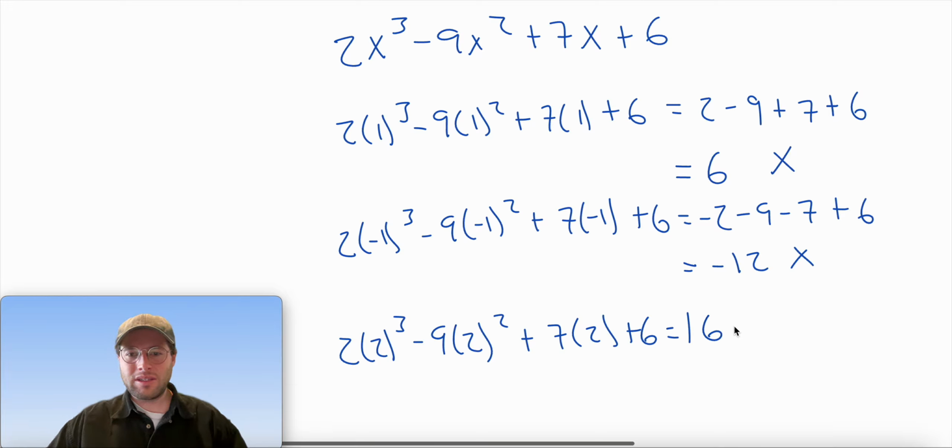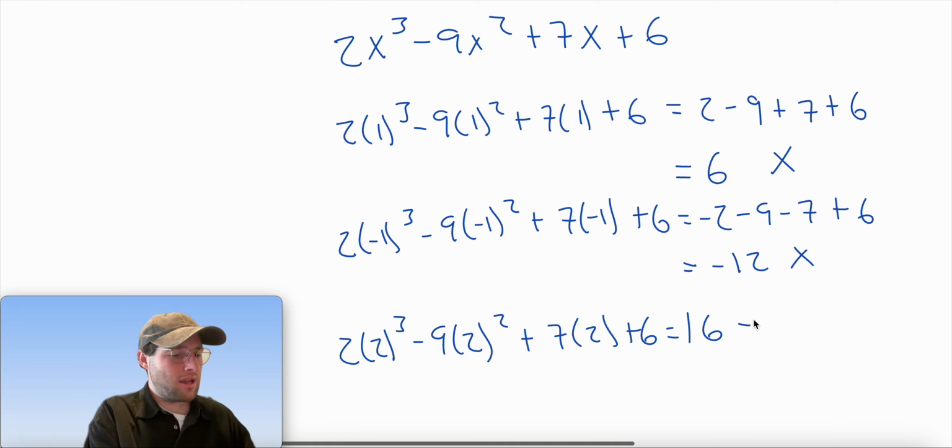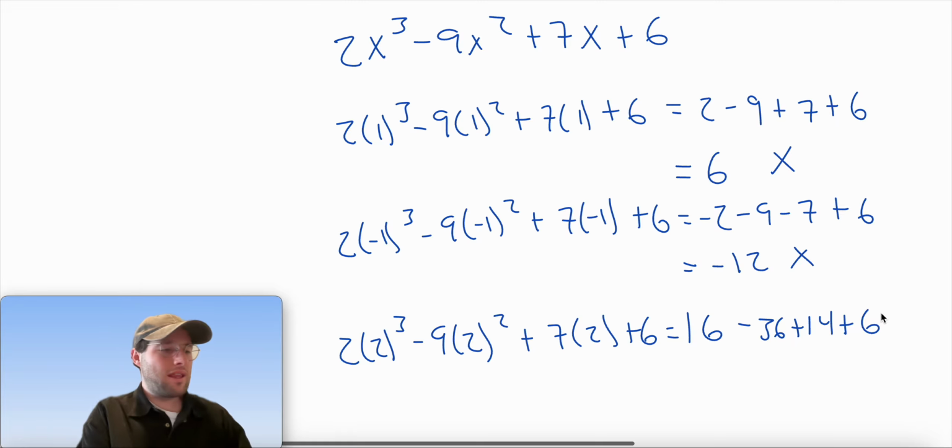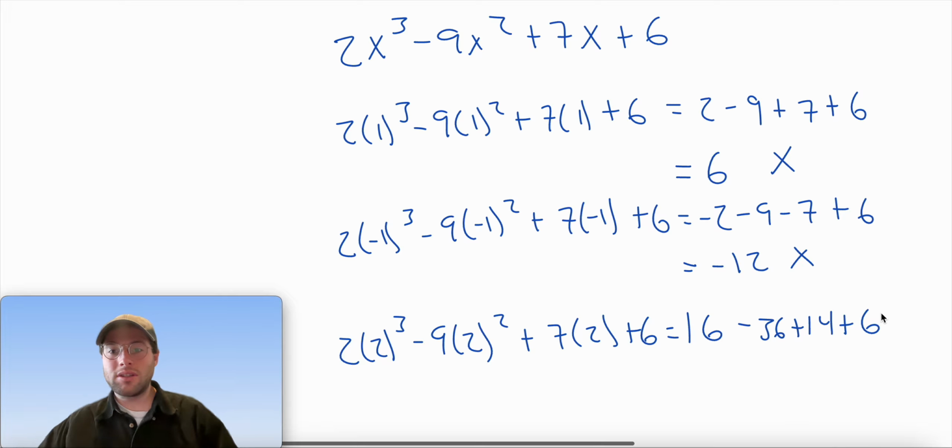So it's going to be 16 minus, now 2 squared is 4, and 9 times 4 is 36, so 36, plus 14 plus 6. And that will be, let's see, 16 minus 36 plus 14 plus 6. That will come out to 0.